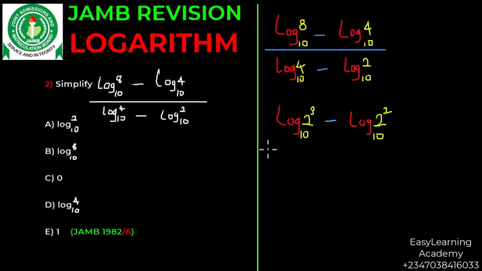So we move straight ahead to the denominator, and to solve for the denominator, let's still have our log out here. Of course we know by now that 4 will be replaced with 2 raised to the power of 2, because 2 squared is the same thing as 4, and then the base 10 still comes below.